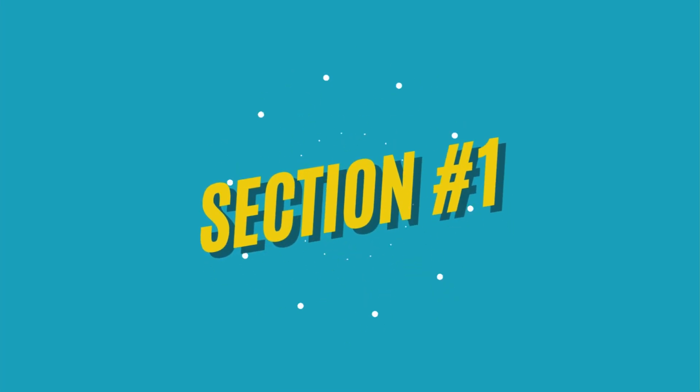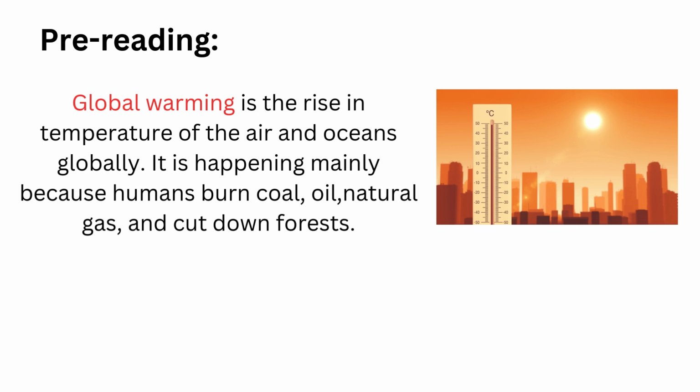Section 1. Global warming is the rise in temperature of the air and oceans globally. It is happening mainly because humans burn coal, oil, natural gas, and cut down forests.